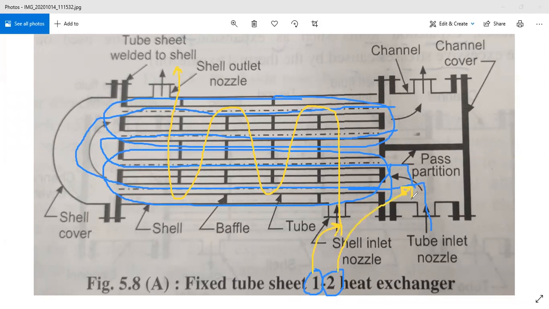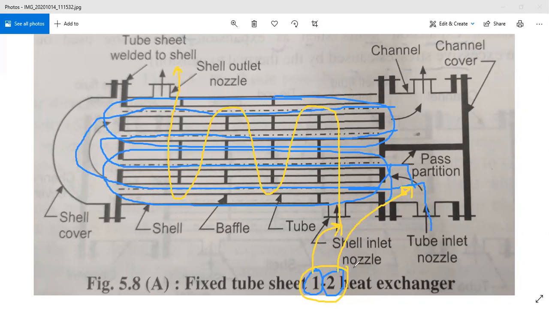And in the combination of the shell side fluid and tube side passes, this 1-2 heat exchanger gets its name, right? So this is the combination: in this shell and tube heat exchanger, the tubes are an integral part of the tube sheet, and there is an arrangement of only one pass on the shell side fluid and two passes on the tube side fluid, and that is why this shell and tube heat exchanger is called a fixed tube sheet 1-2 shell and tube heat exchanger, right?